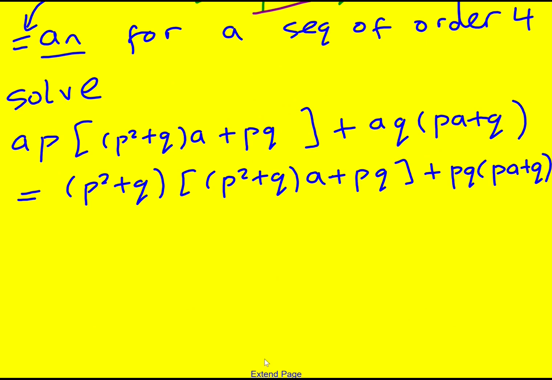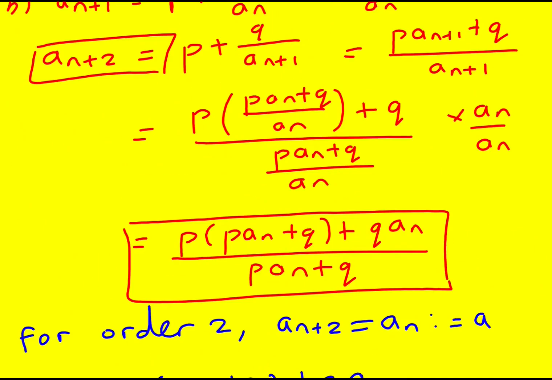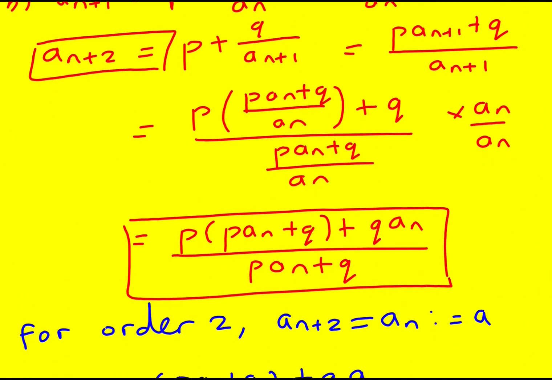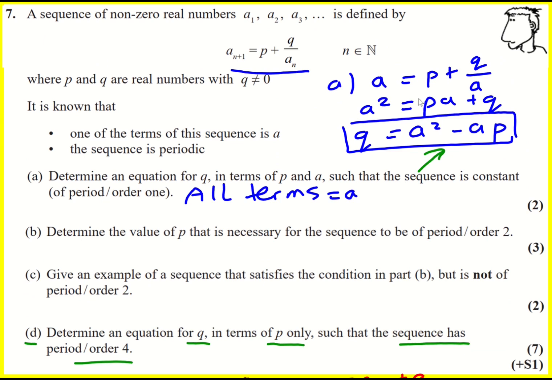Now, before we move on, I just want to remind you, we actually know that p equals 0 is a solution because this was what we got for order 2. And if it's order 2, then the first and the fourth are also going to be the same. And then we had that earlier condition relating p and q. It was all the way up here.